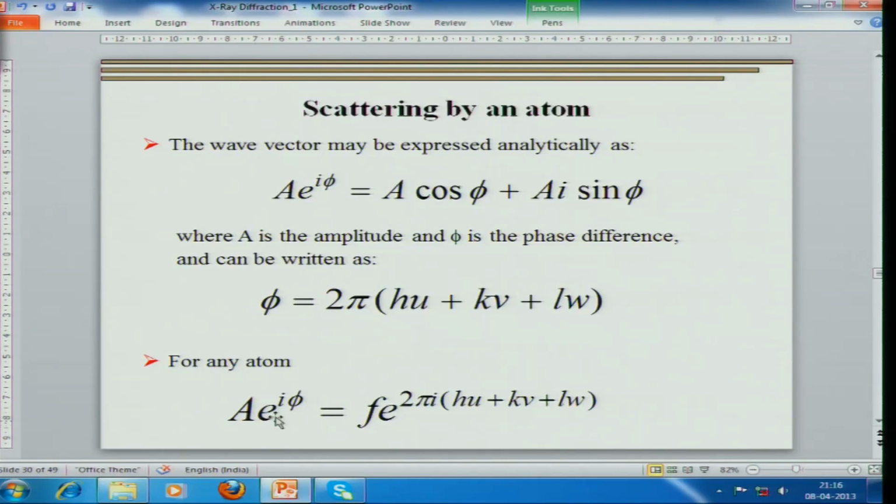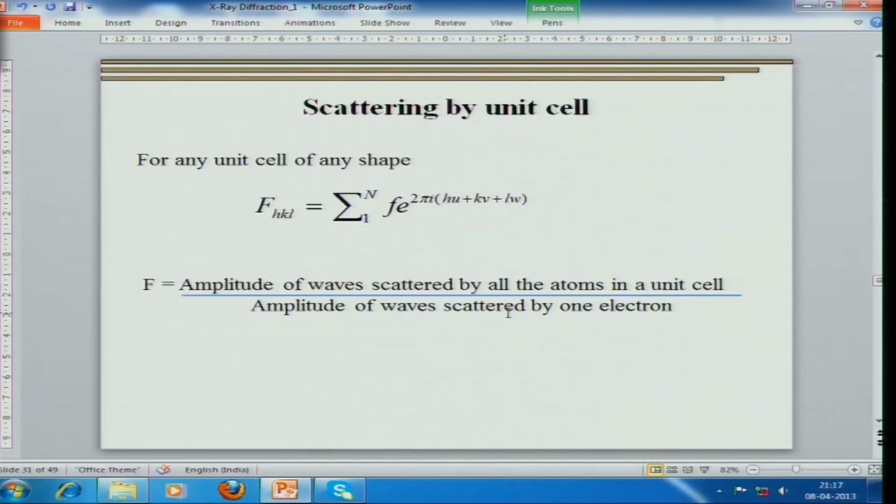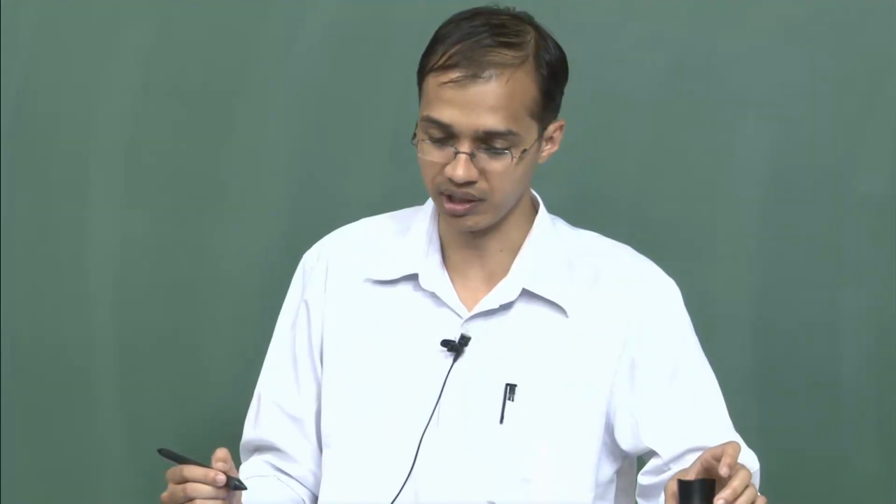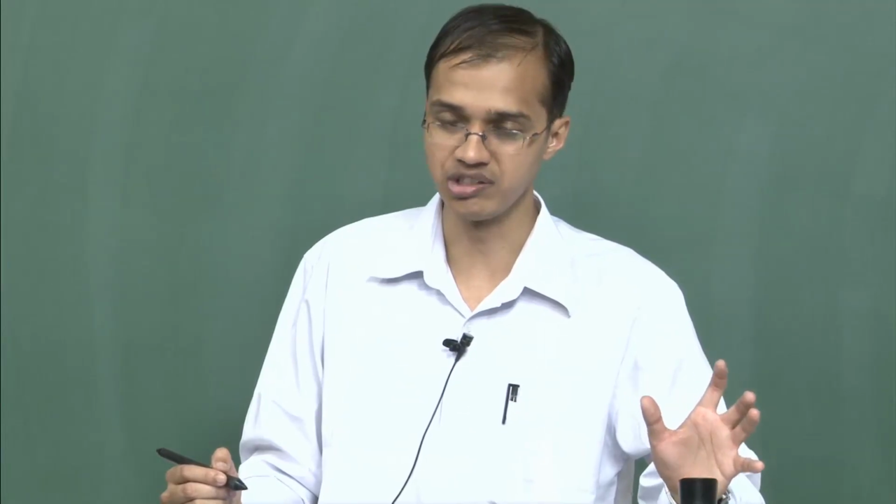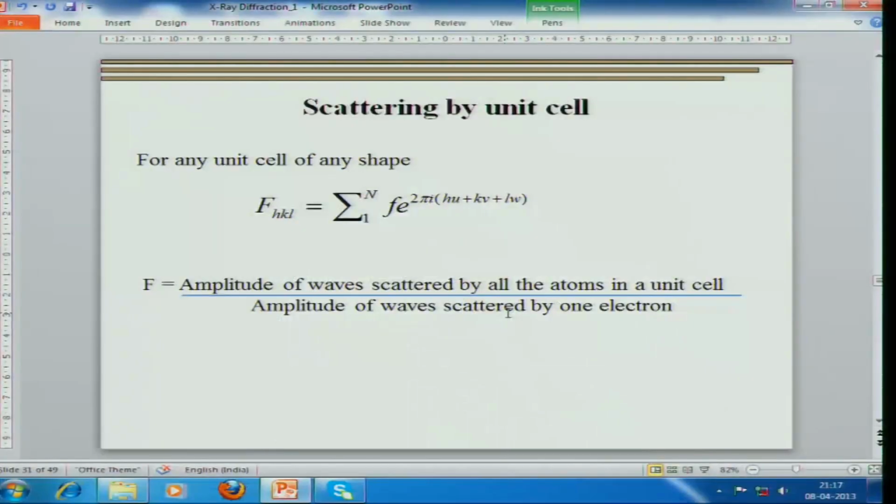For any atom, A e power i phi is nothing but f e power 2 pi i (Hu plus Kv plus Lw). But as you must be aware, as soon as I talk about these locations Hu, Kv and Lw, this is true for an atom that is not isolated but is in a unit cell. Therefore, if you look at the scattering by a unit cell which comprises more than one atom, as in an FCC or BCC unit cell, the simplest example I mentioned earlier was the simple cubic case, wherein there is only one atom per unit cell.